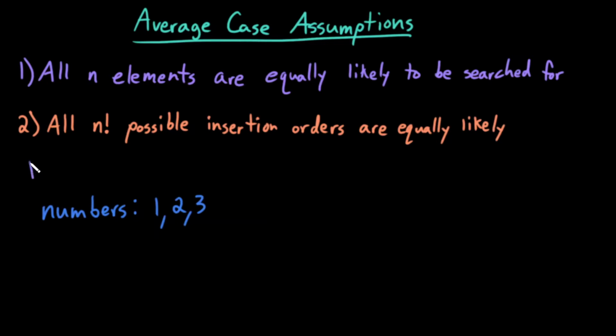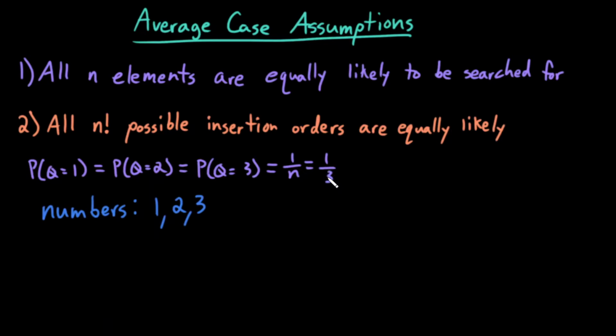This would mean that the probability that my query is 1 is the same as the probability that my query is 2, is the same as the probability that my query is 3, which generally speaking would mean each of their probabilities is 1 over n, which in this example, with 3 elements, is 1/3. So if I have n elements, the probability that I'm searching for any specific element is 1 over n.